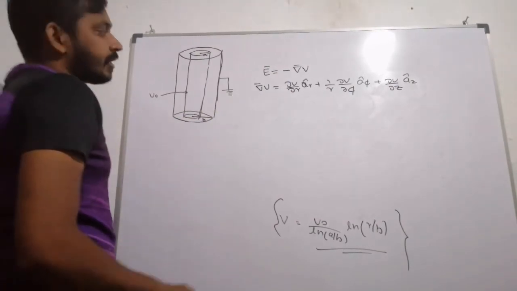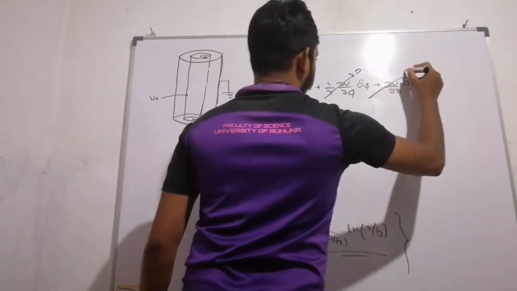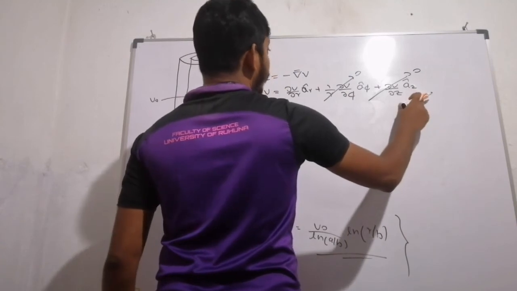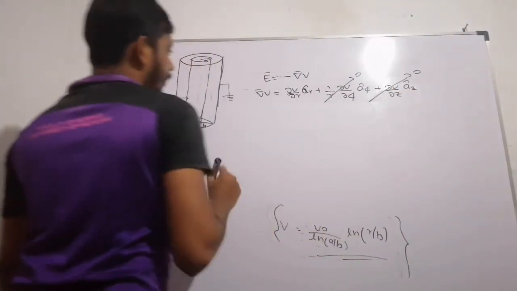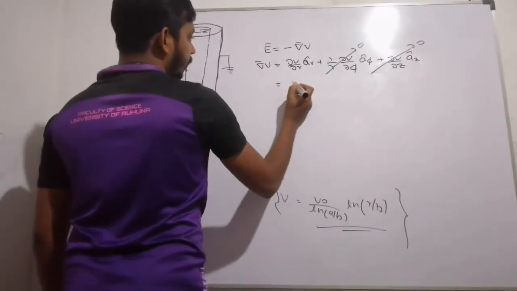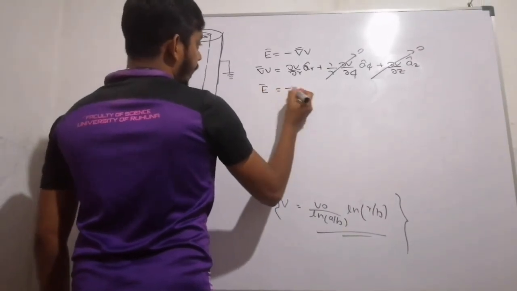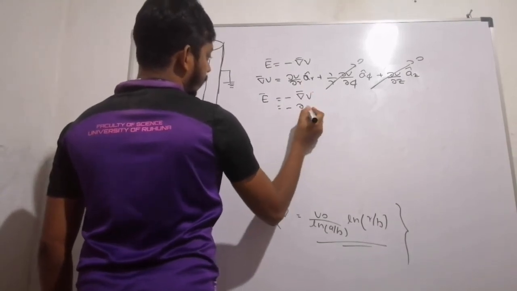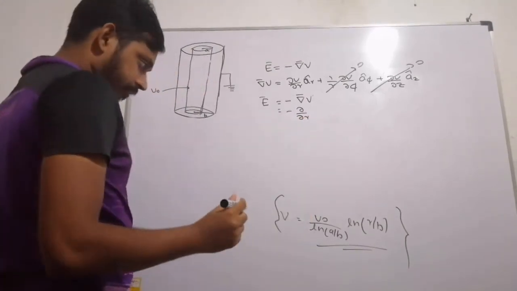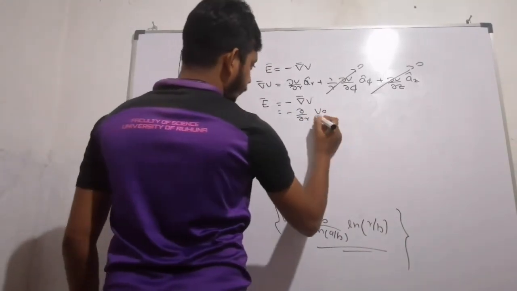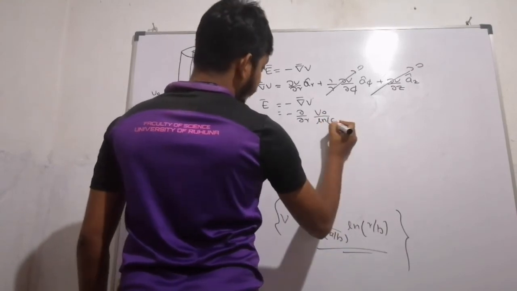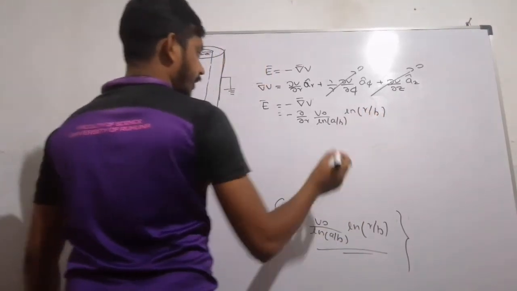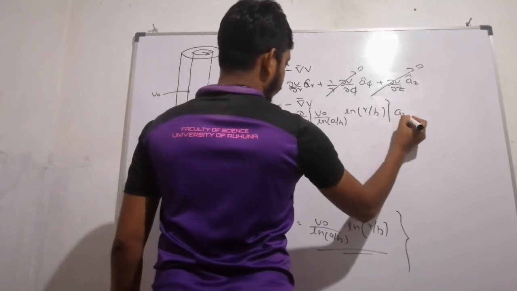So we can neglect these two, because one depends on the phi coordinate and the other on the Z coordinate. Now let me simplify this. E equals minus d over dR of V, where V equals V naught over ln A over B times ln R over B, direction a_R.